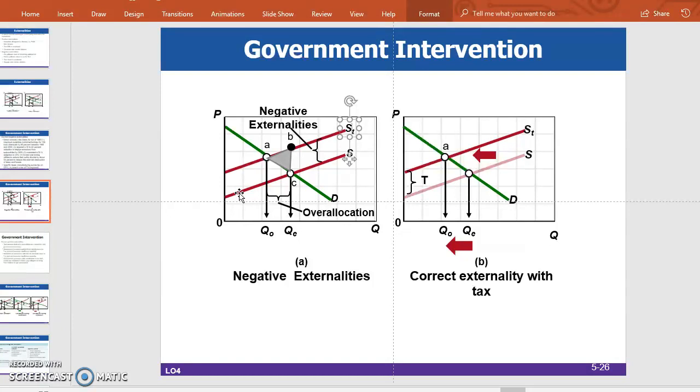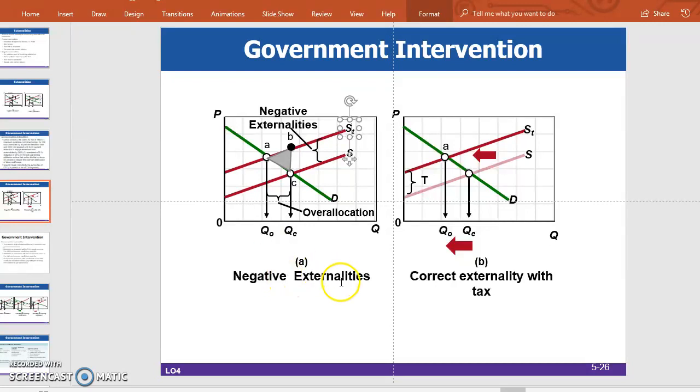So optimum allocation is at point A. That is the best for society, Q0, and there is an over allocation problem here because the private producer, as we have said, will ignore ST, he will follow S, and he will produce at QE, not Q0. So he's producing too much, polluting too much.